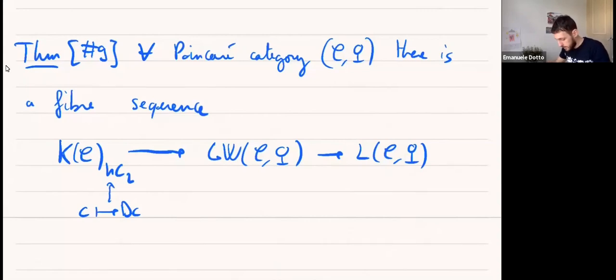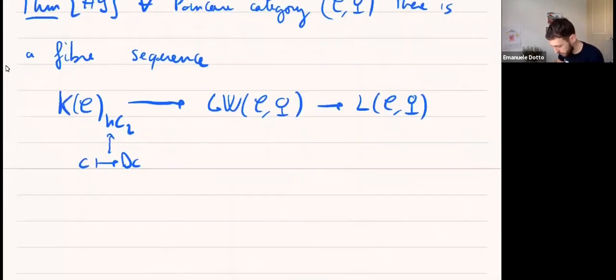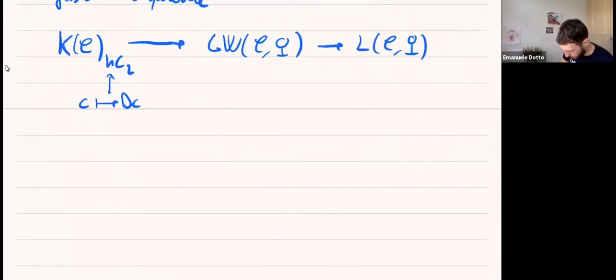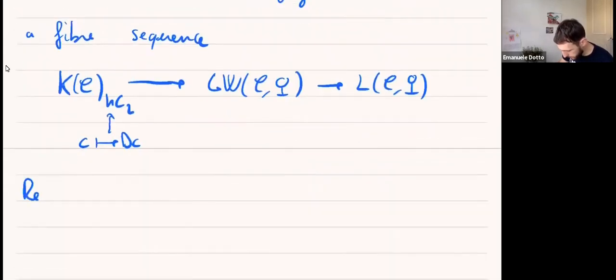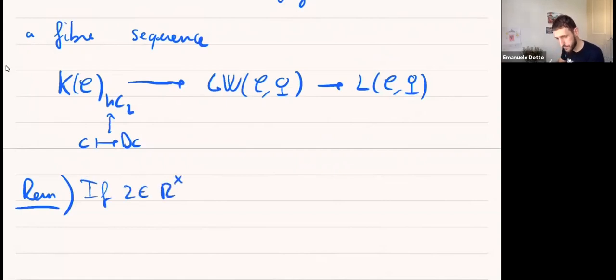And so now, so far these are all abstract objects, and let's try to get to the usual Grothendieck groups of rings that we had at the beginning. So first a remark. So what happens when 2 is invertible? If 2 is a unit in R, then this was a known sequence, more or less. So let's see.